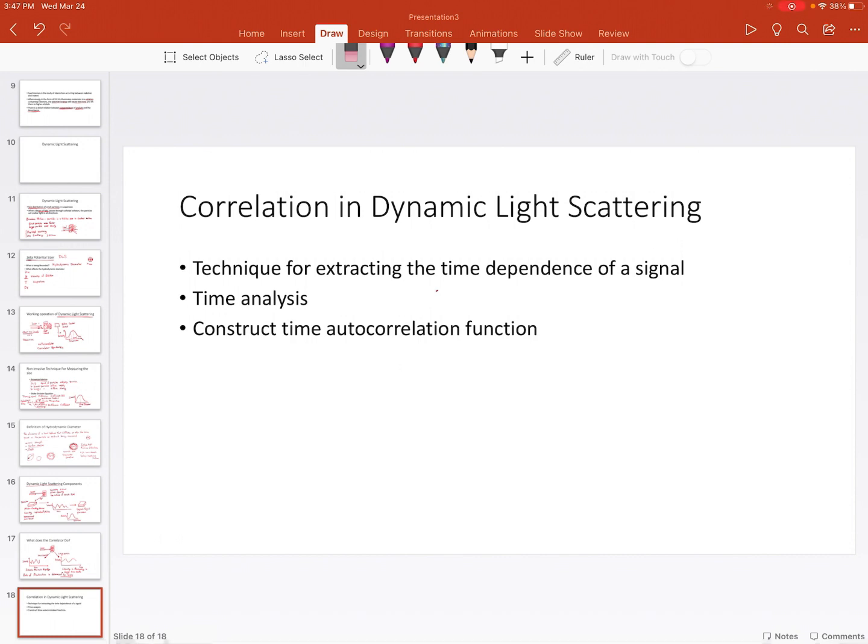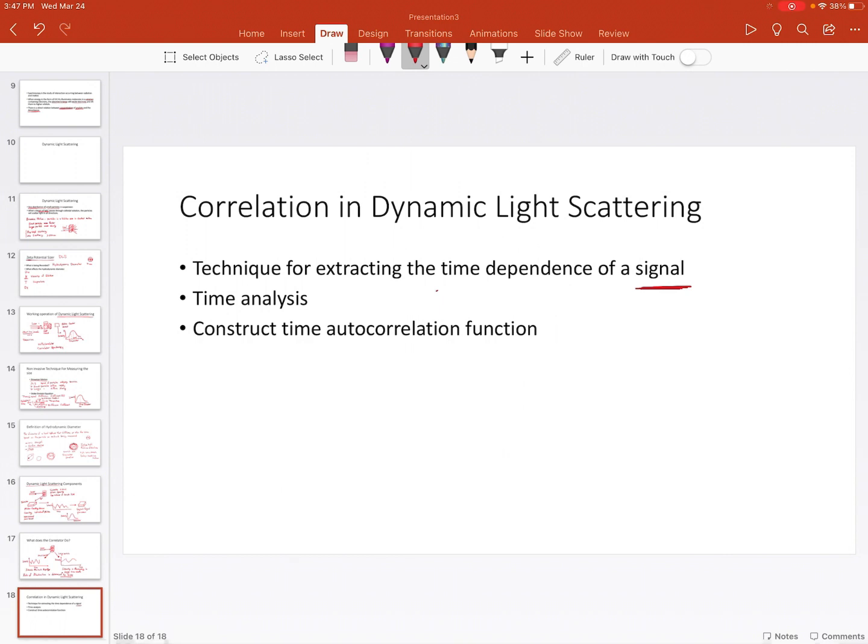So in dynamic light scattering, we have billions of particles suspended in a solution that are constantly moving, and their positions with respect to each other and with respect to the detector are constantly changing because they are moving due to the Brownian motion. So in this case, we have a scattering intensity, which is our signal.